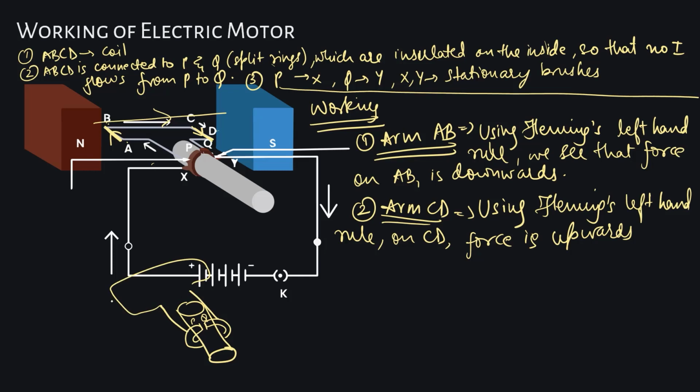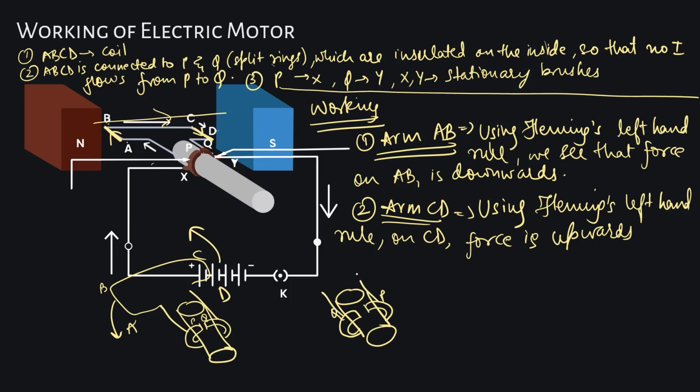So what happens, because AB, this is A, B, C and D. Because AB experiences a downward force and CD experiences an upward force, it rotates in an anti-clockwise direction. And when it rotates, it comes 180 degrees and it comes like this, such that my Q is here and my P is here.